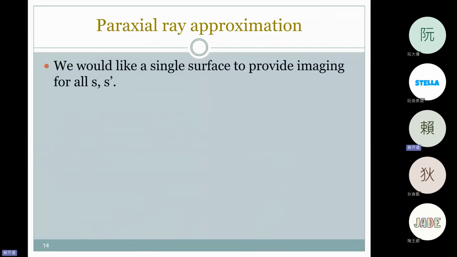We know that close to the middle of the lens, the curvature will be the same as the Cartesian surface. So what we use is the paraxial ray approximation. What is the paraxial ray approximation?